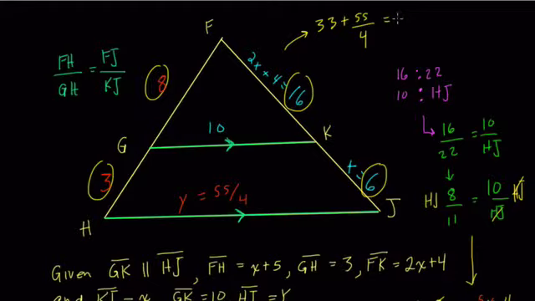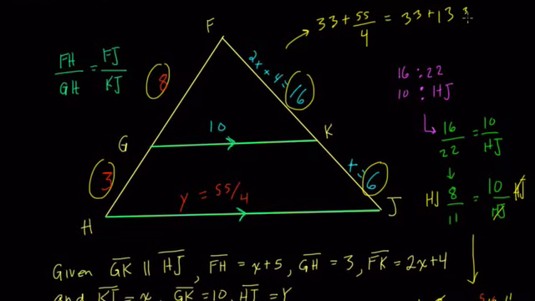Well, at least 13 times. So it's 33 plus 13 and what? Well, 4 times 13 is 52 with a remainder of 3, so 3 fourths. Add this up and we get 33 plus 13, which is 46, and 3 fourths for our perimeter.